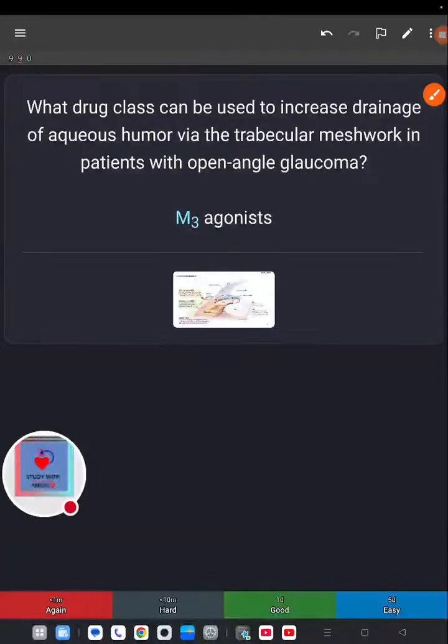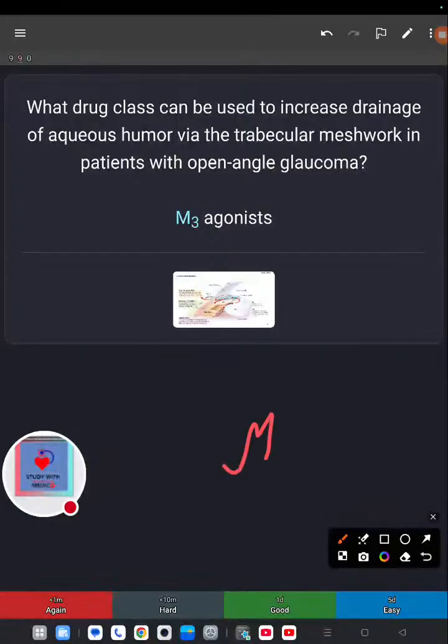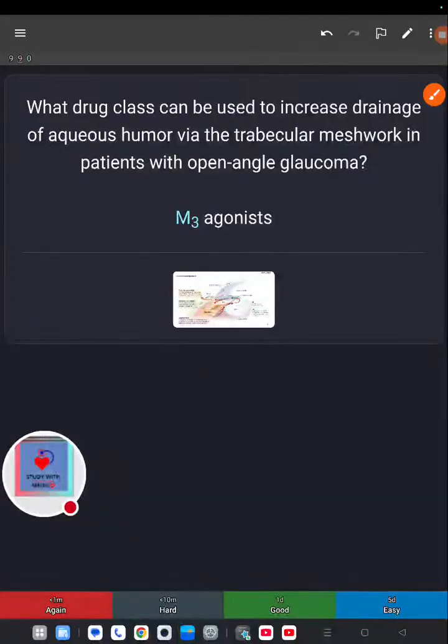M3. Open angle glaucoma, M3. What drug class can be used to increase drainage of aqueous humor via the trabecular meshwork in patients with open angle glaucoma? M3 agonist.